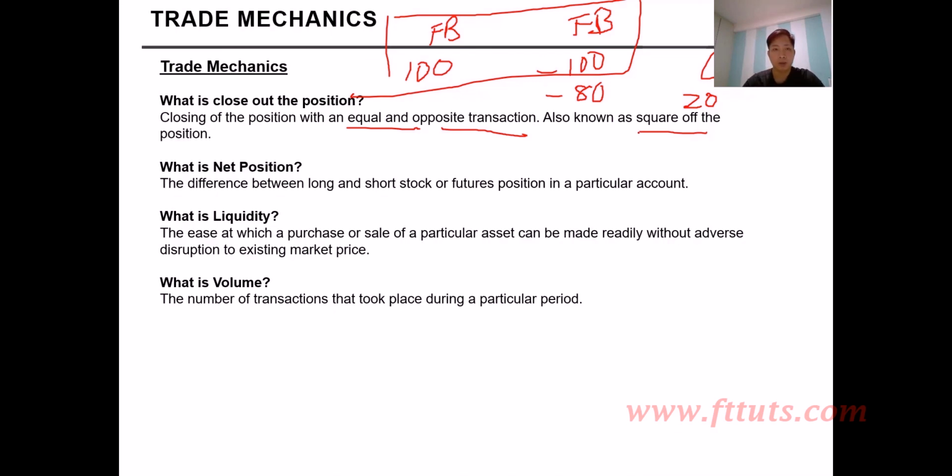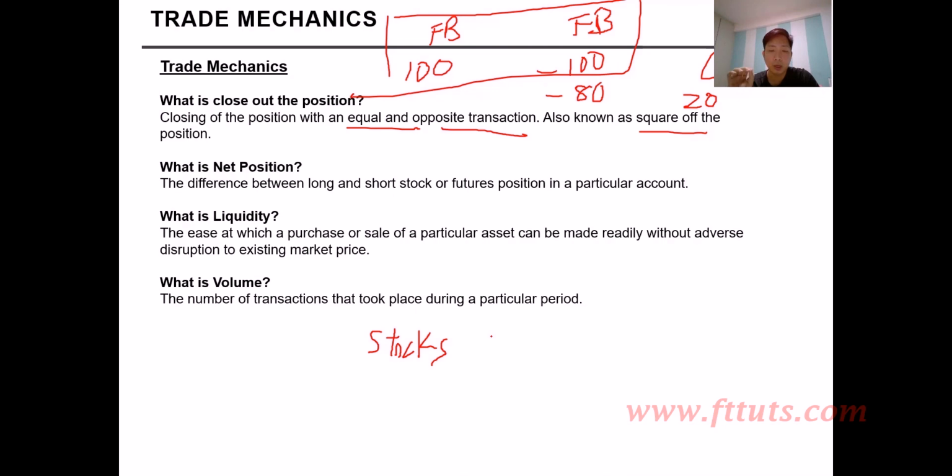Right? How about liquidity and volume? So liquidity and volume are very much the same. They're used interchangeably. When we say liquidity, it means the ease of a trader buying and selling a particular asset class. If the volume is high, you're advised to trade those stocks.